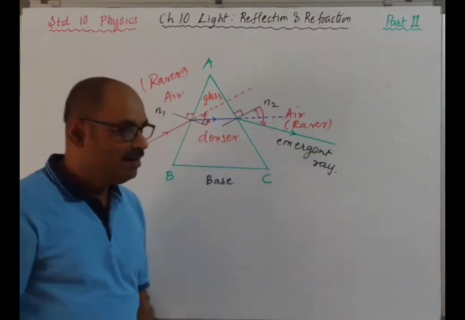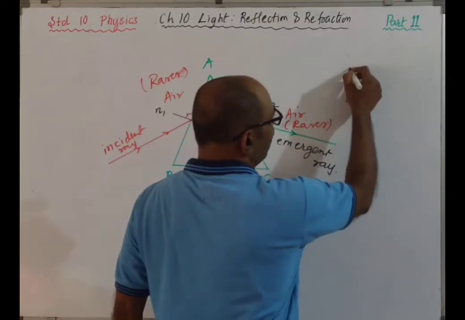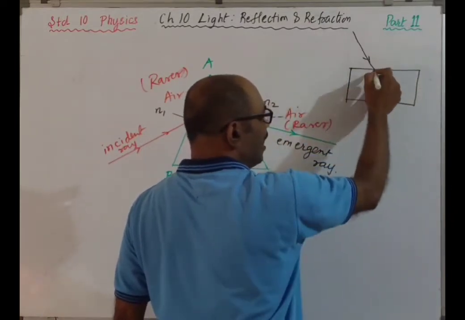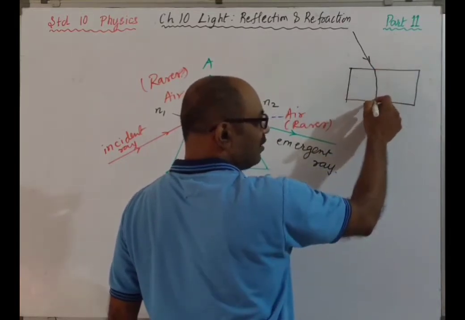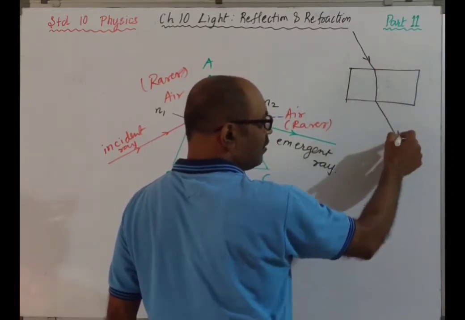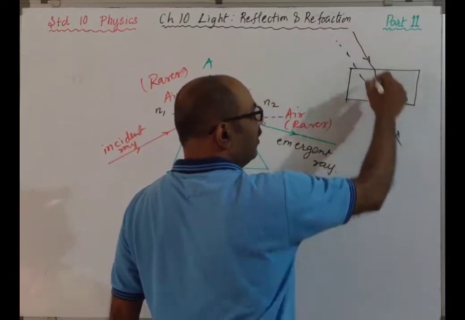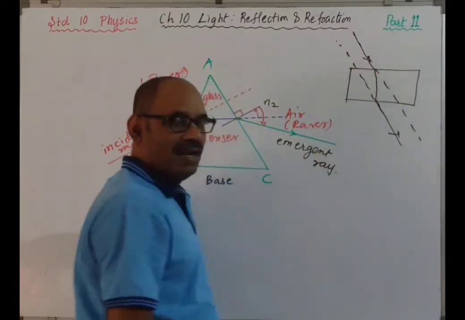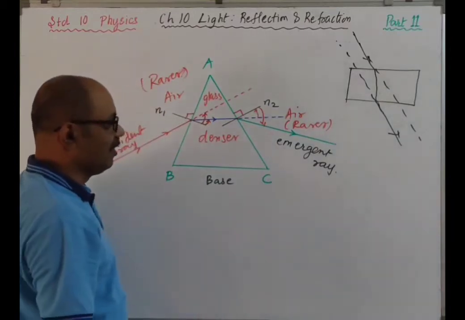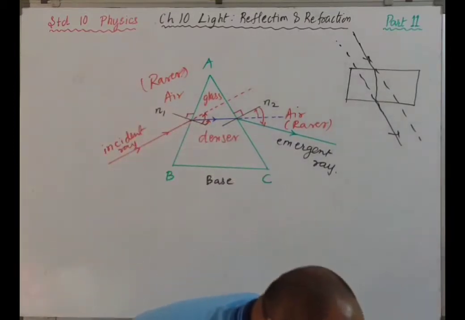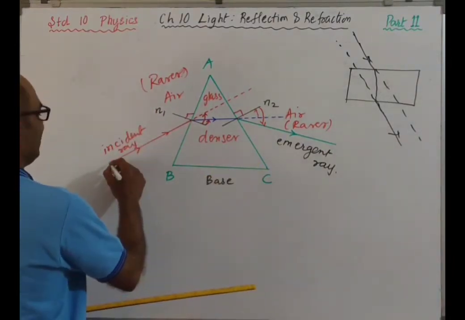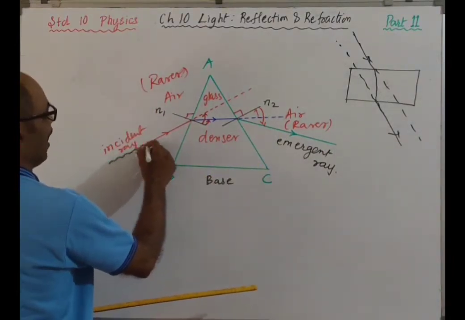Do you remember how the emergent ray and the incident ray were in case of the glass slab? It would have bent like this and then it would have traveled like this. So if you extend the incident ray and the emergent ray, they are parallel to each other. It is not the case here. Now see, for you to understand, I am drawing a serpentine line.